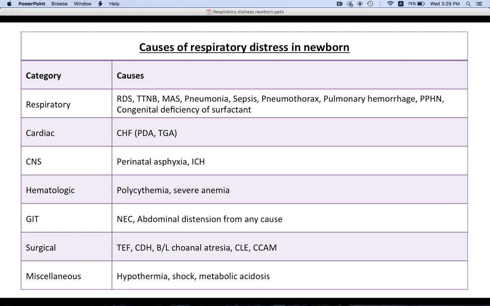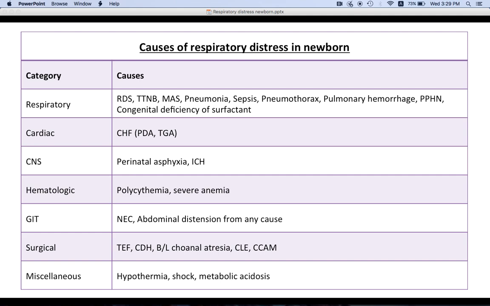Like there can be cardiac causes, there can be CNS causes like perinatal asphyxia or intracranial hemorrhage, hematological causes like polycythemia or severe anemia, GIT causes like necrotizing enterocolitis or abdominal distension from any cause, surgical conditions like tracheoesophageal fistula, congenital diaphragmatic hernia, bilateral choanal atresia, congenital lobar emphysema or CCAM, and then there are miscellaneous conditions like hypothermia, shock, or metabolic acidosis that can also lead to respiratory distress.